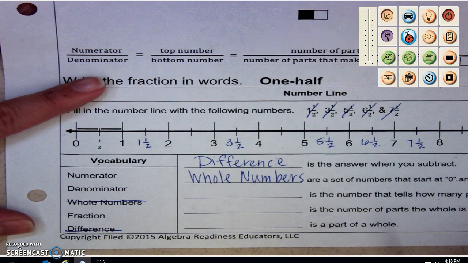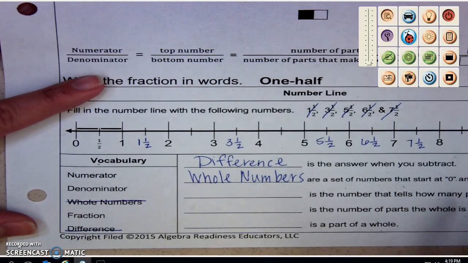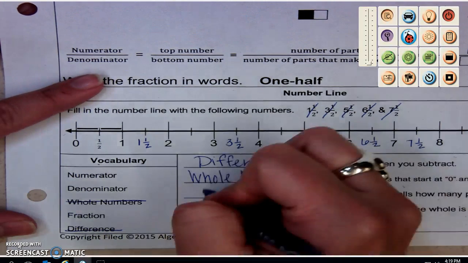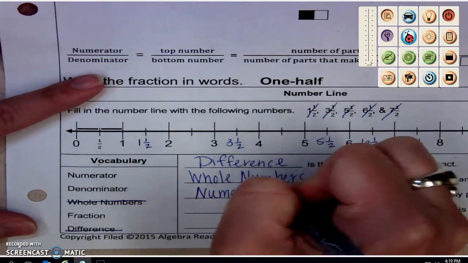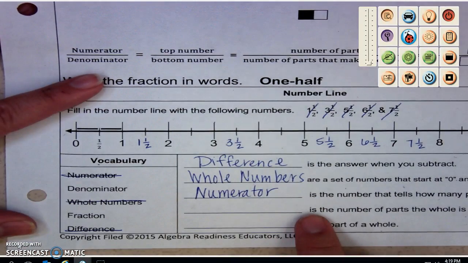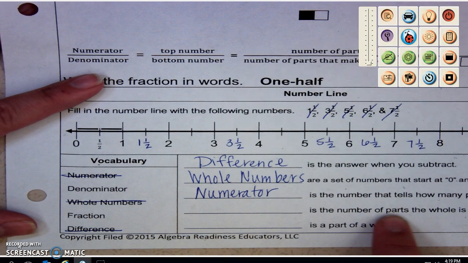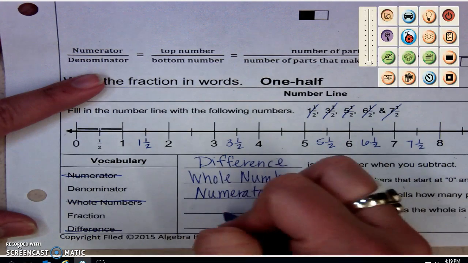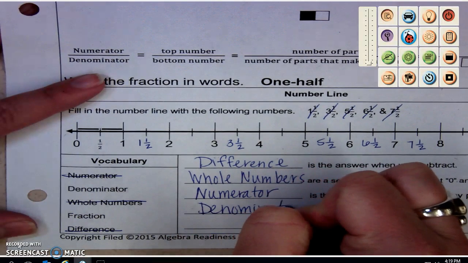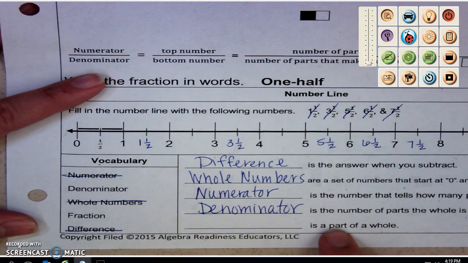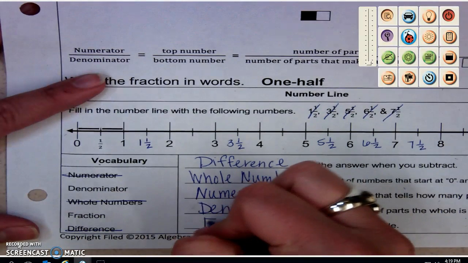How many parts. Okay, that is the numerator. Blank is the number of parts the whole is divided into. The denominator. And blank is the part of a whole. That's a fraction.